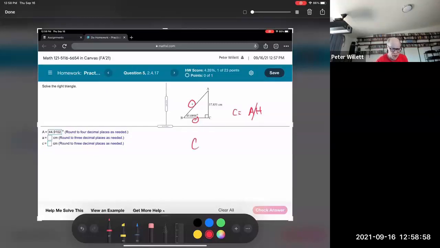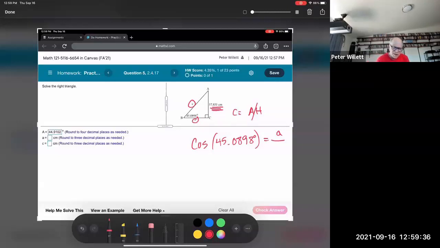So that's going to tell me that cosine of angle B, which is 45.0898 degrees, is going to be equal to the A value, which is the adjacent, divided by the, oh, I just totally screwed that up. We don't know either A or H. Those are the two things we want to find out. We have to have it where we know two of the three things here. So instead of using the hypotenuse, I need to use the opposite because that's the side we know. Silly me. Someone may have tried to point that out in chat if I didn't notice.